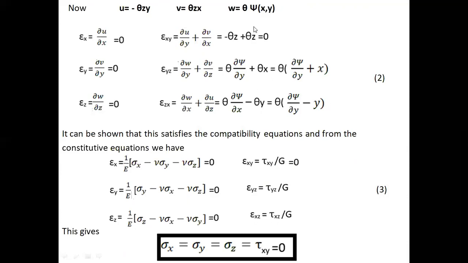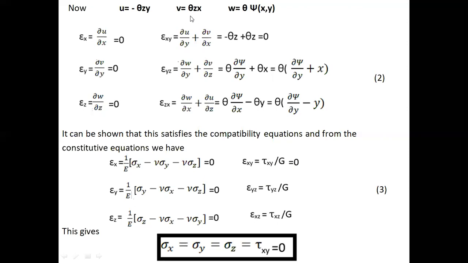I'm repeating the displacement field here, and knowing the displacement field, we can find out the strain. So epsilon x, the strain in the x direction, is given by del u by del x, and if you differentiate u with respect to x, it becomes 0, because there is no x component here. Then epsilon y, the strain in the y direction, is del v by del y.